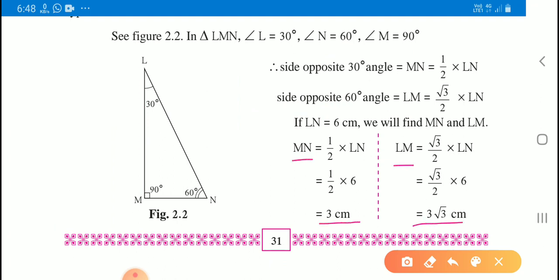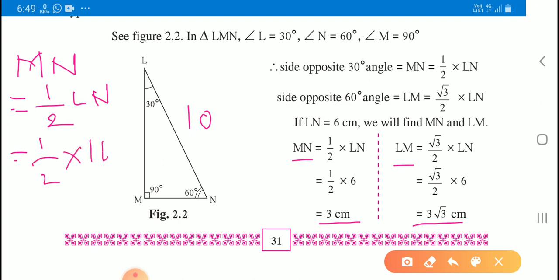We will take LN as 10. Then what is the value of MN and LM? Look, MN is the side opposite to the 30 degree angle, so it is half of the hypotenuse LN. Half multiplied by 10 gives the answer 5.